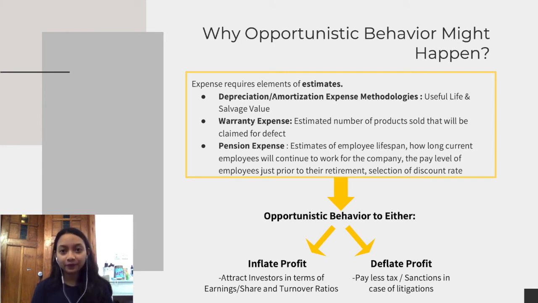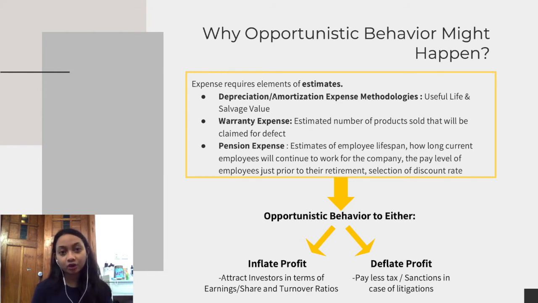For example, depreciation or amortization expense methodologies include estimates of useful life and also salvage value, in which salvage value is the expected amount to be received by a company after the asset's useful life, or the expected amount that the asset can be sold for at the end of its useful life.